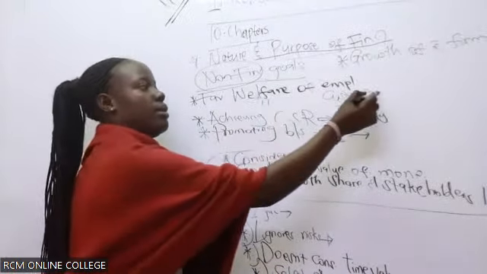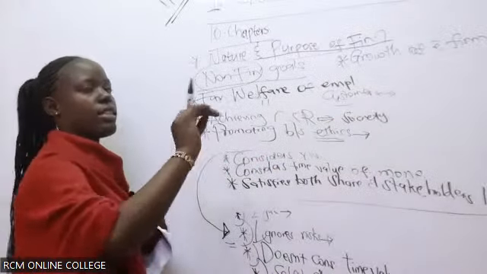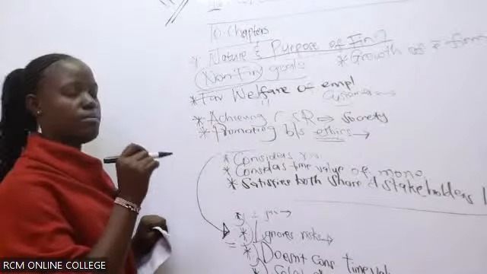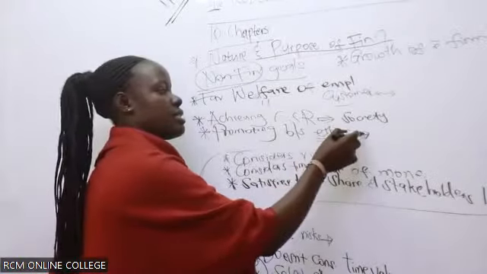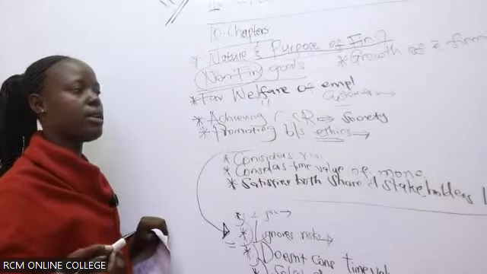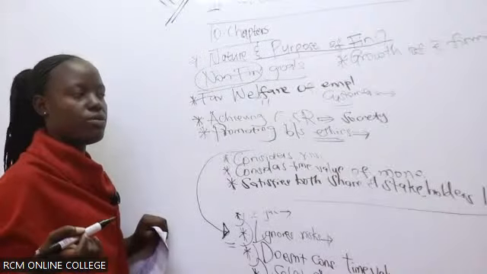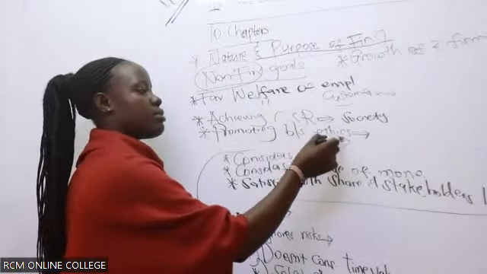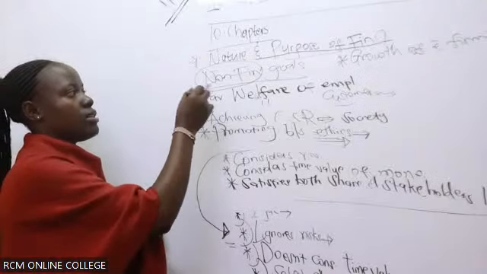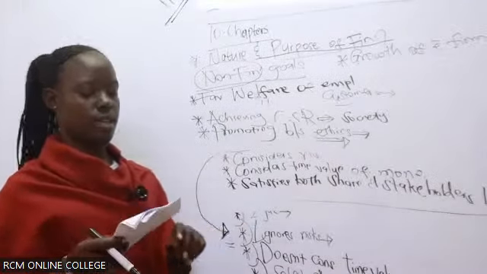This will help them in retaining their customers, achieving corporate social responsibility, and promoting business ethics, such as following government regulations and promoting secrecy or confidentiality in business operations. So this is what we have on non-financial goals of the firm.